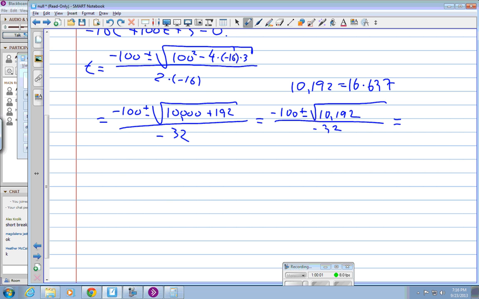So again, taking the square roots gives me that. And I can reduce everything by 4 again. So that's gone, that's 25, and that's negative 8.